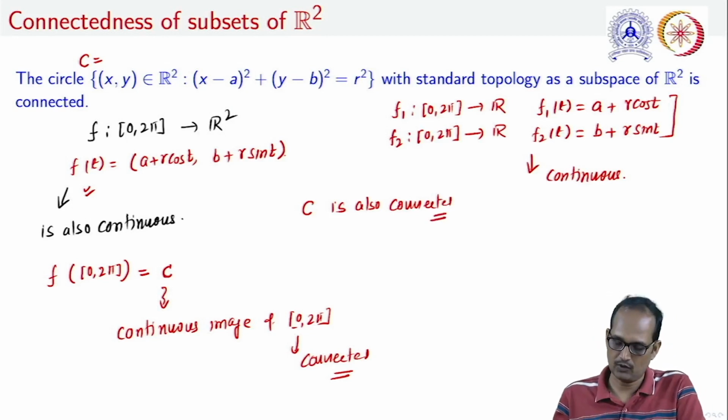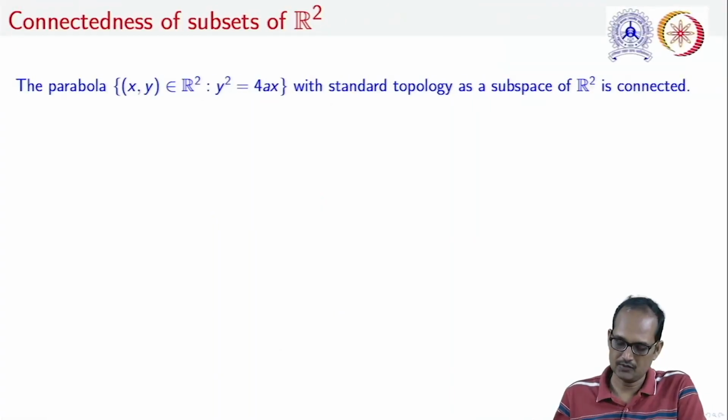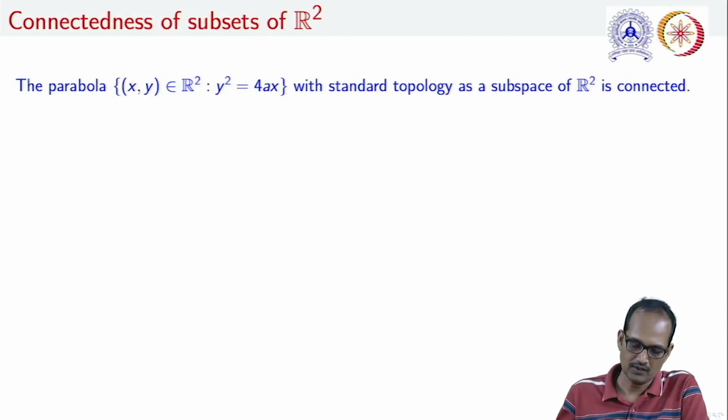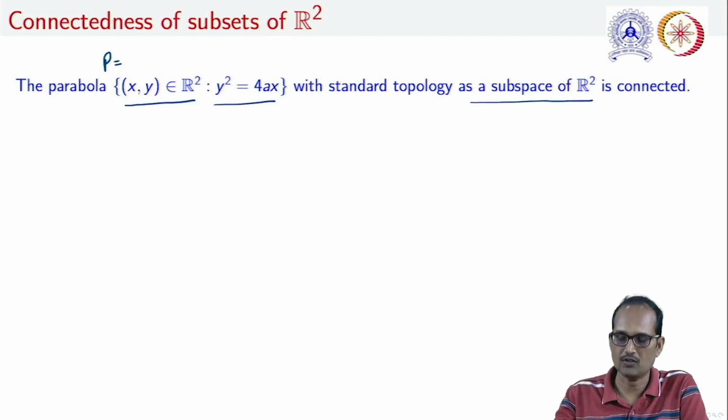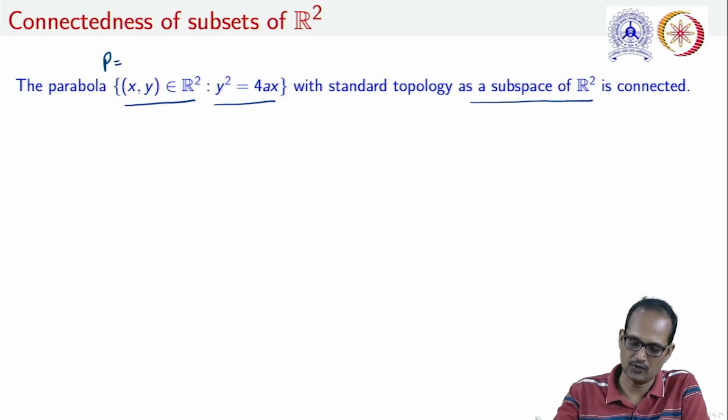Similar to the example of this circle, let us take another example, that is the example of a parabola, given in the form of a set. Let us take this set as P. This is the collection of all elements in R2 such that y square is equal to 4ax, with standard topology as a subspace of R2, and it is also connected.